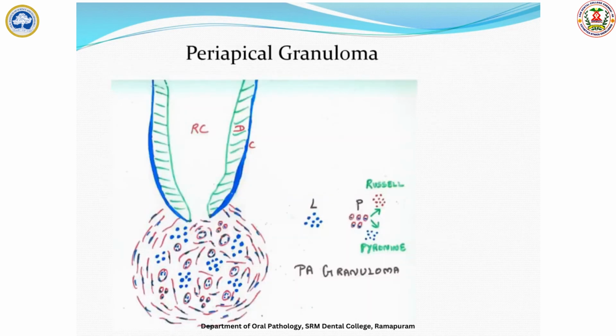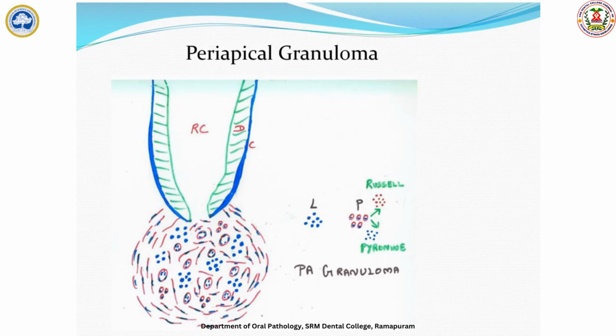Now before going into radicular cyst, once the pulp has died, it may be due to injury or dental caries, then that particular tooth is called a non-vital tooth. The inflammation or infection in the pulp tissue reaches the periapical region.